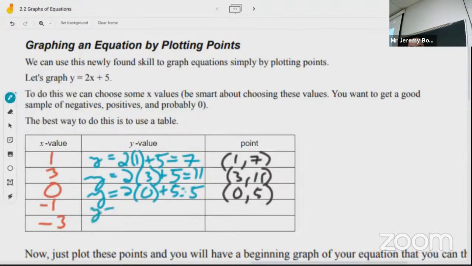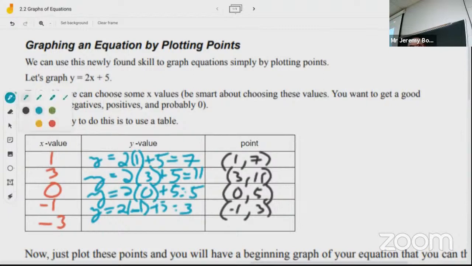So y is equal to 2 times -1 plus 5. That's going to be 3. So we have a point -1, 3. And then the last one, -3. So y equal to 2 times -3 plus 5, which is going to equal -1.